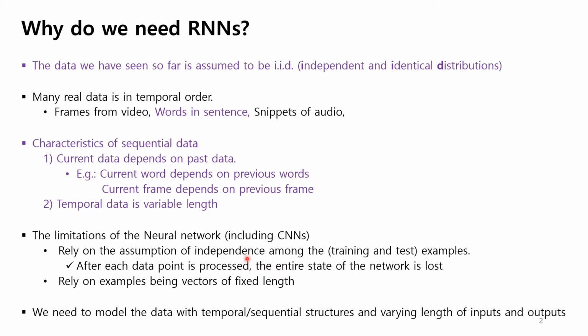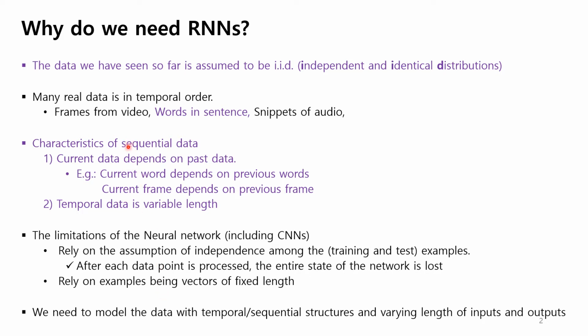It doesn't depend on previous data. So that's the problem. And the second problem of neural net is that the input size of neural net is fixed. Input dimension is fixed, so we cannot process variable length data. Because of these problems, we cannot use neural net to process sequential data.